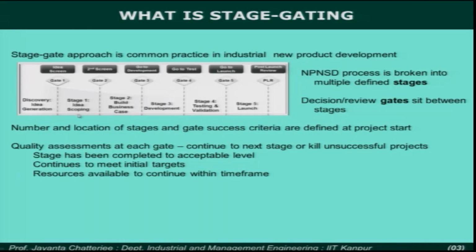Now, the criteria by which the idea will be screened will be different in different organizations. There will be subtle differences, but fundamentally what we look at is D, V and F. That is, do we have a definitive understanding of desirability?